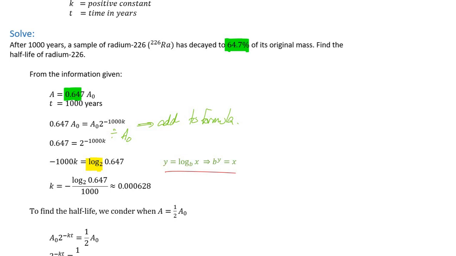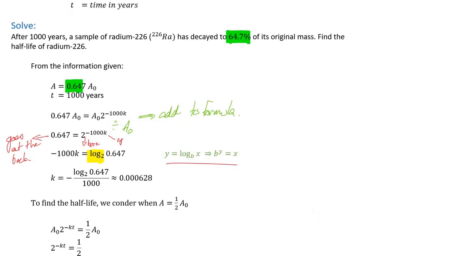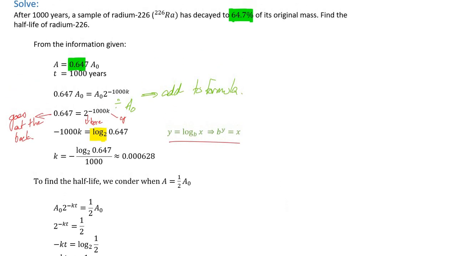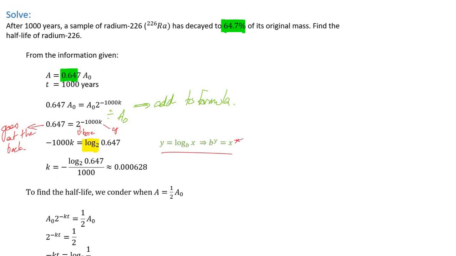So the 2 has dropped down to become the base, 2 to the k becomes the y, and this goes out the back. Then you use your basic algebra to solve for k. So that gives you the constant. This method can be used to solve the example above.